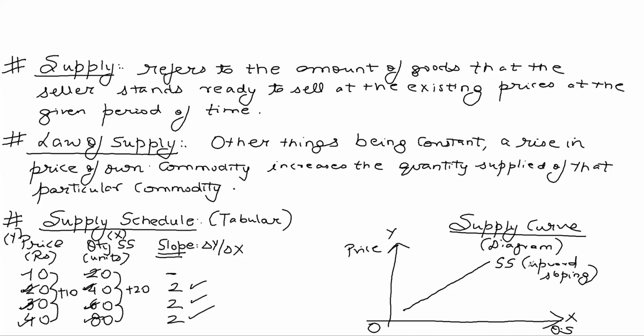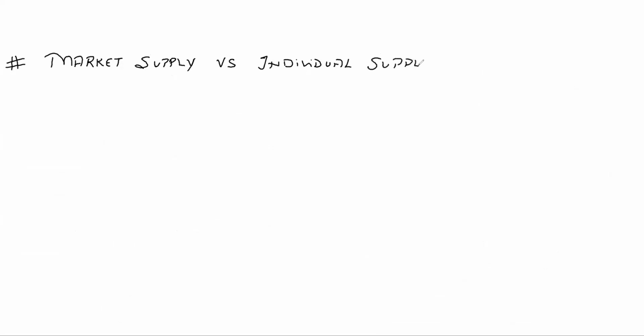So far, I hope all students are clear. Now, moving forward to the difference between market supply and individual supply. Again, in the last lecture, we had talked about market demand versus individual demand. The same thing goes for supply as well. Then we talk about individual supply.